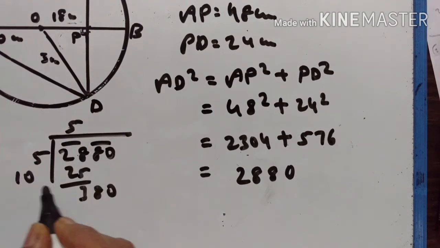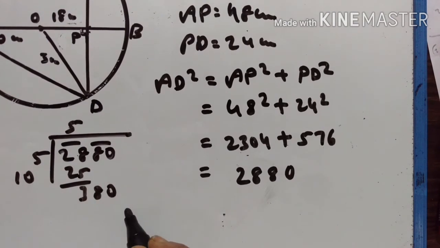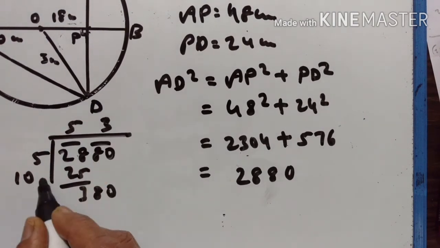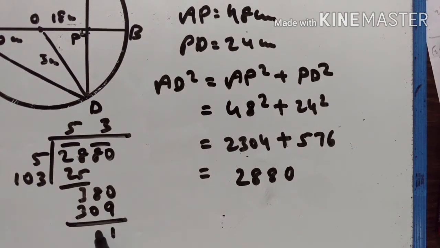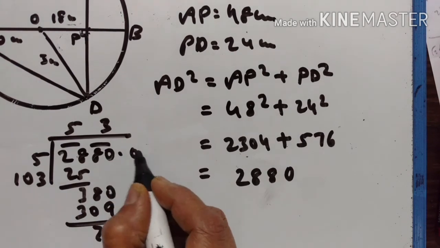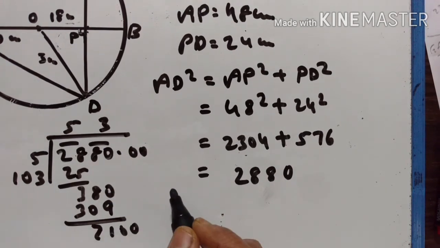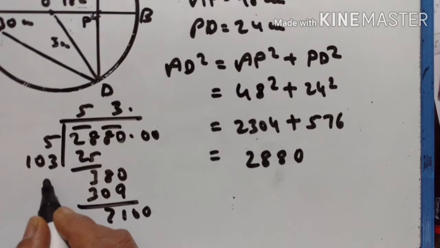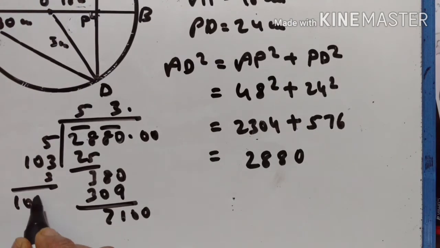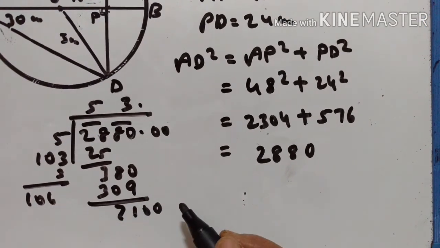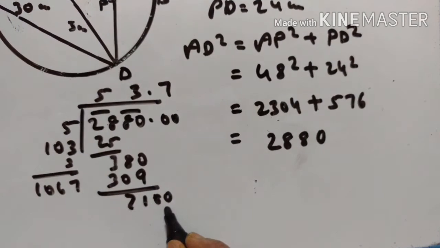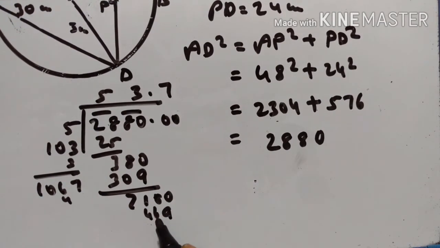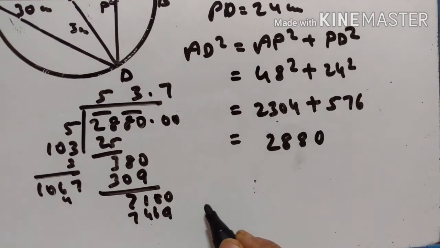Now we can take 7? 7 sevens are 49, no, this is more. We can't take 7.